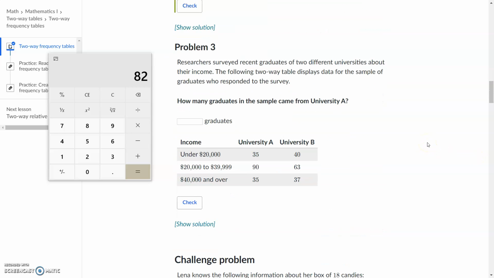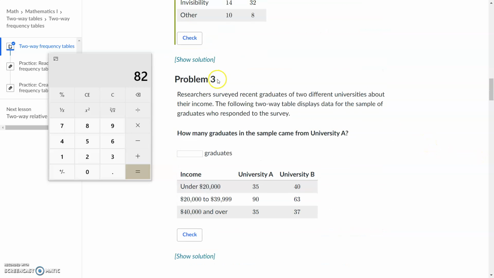Okay, next, last problem for this one. Researchers surveyed recent graduates of 2 different universities about their income. The following two-way table displays data for the sample of graduates who responded to the survey. Here's your question. How many graduates in the sample came from University A?